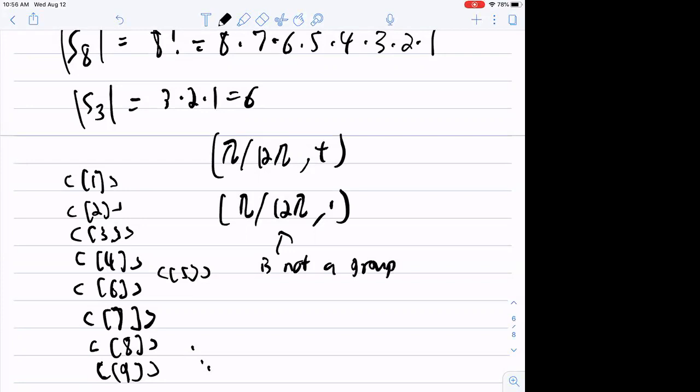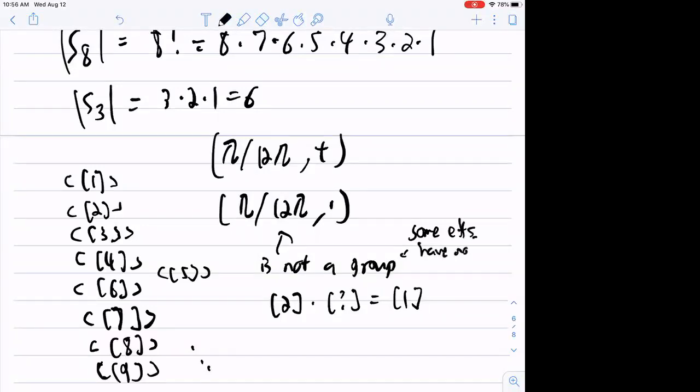Under multiplication, some elements have no inverse. What do you multiply by 2 to get the class of 1? Nothing.